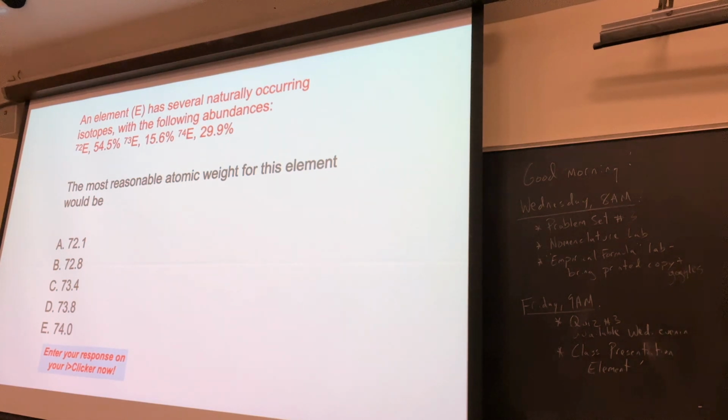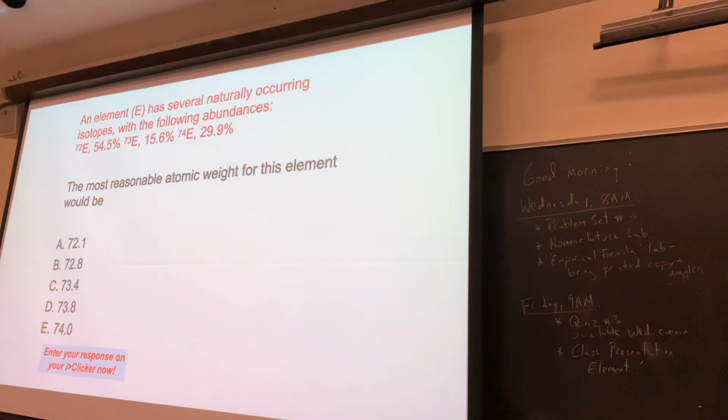On the other hand, if you had a high percentage of 74 and not much of these, then the average would of course be closer to 74. And if you had mostly 73 and not a lot of the outliers, then the average would be somewhere around there.